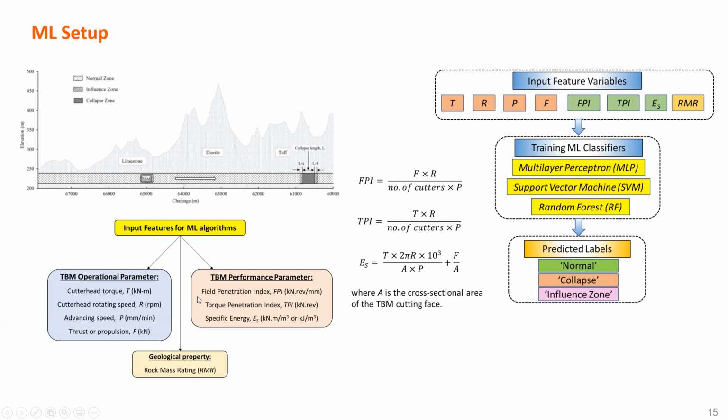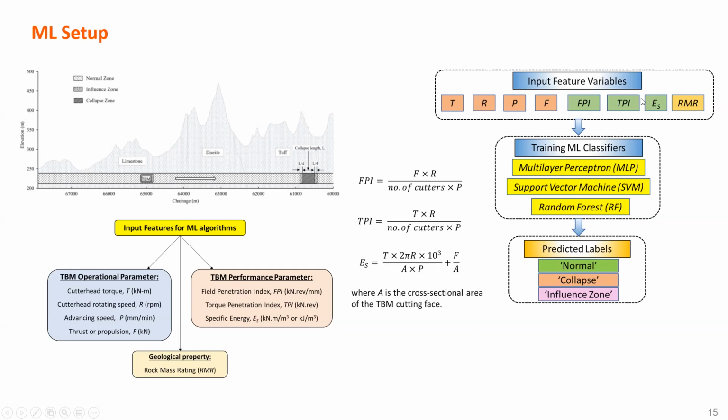The parameters that we use are the operational parameters for the TBM: torque, speed, advancing speed, and proportional force. And from these we develop performance parameters like the FPI, which is the force times the rotation divided by the thrust, and the thrust times the rotation divided by the speed, and the energy.